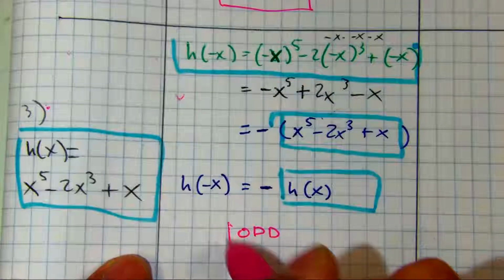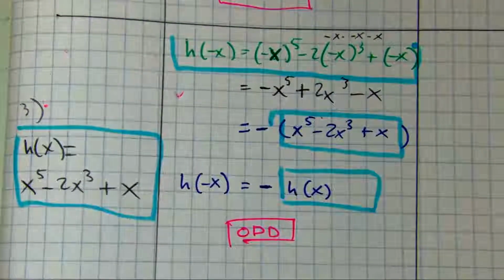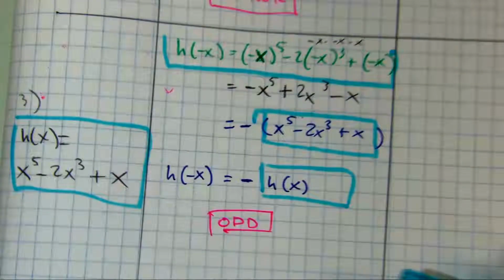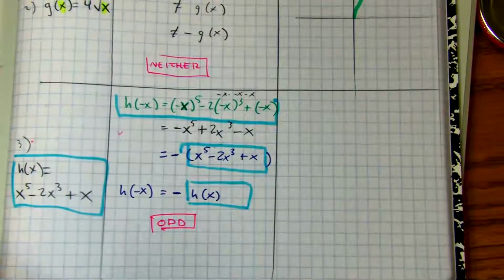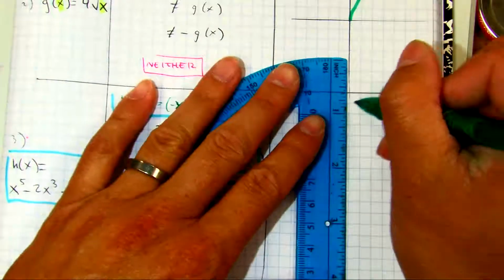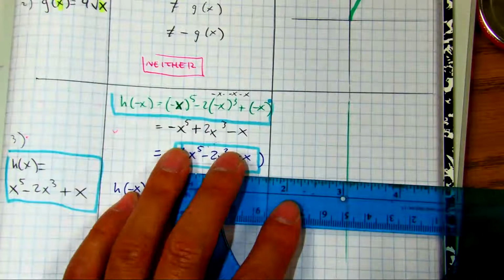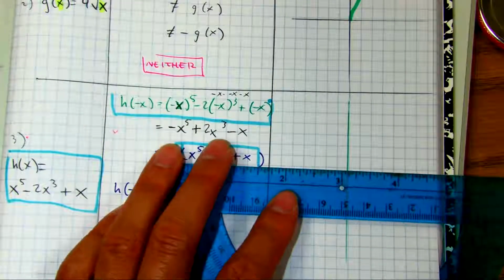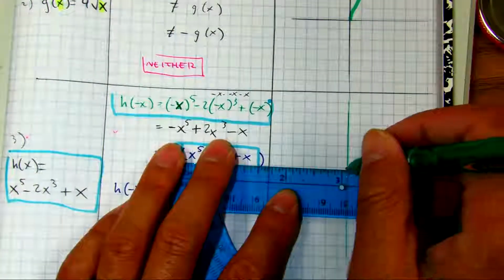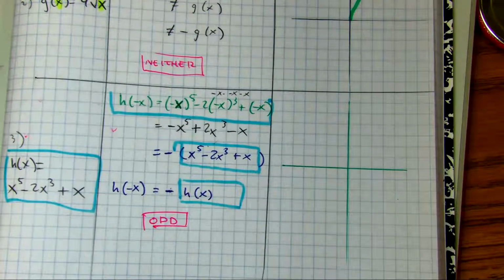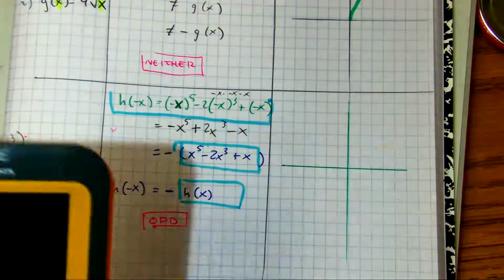Let's graph it. Class, what two quadrants do you expect the graph to be in? Third and first, or what?